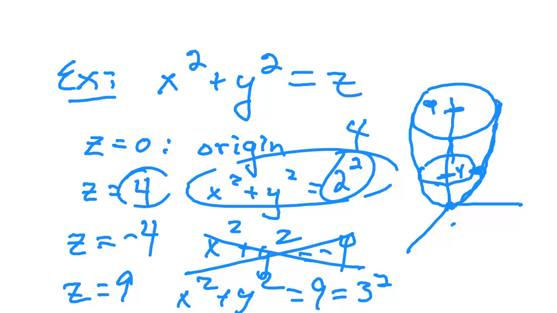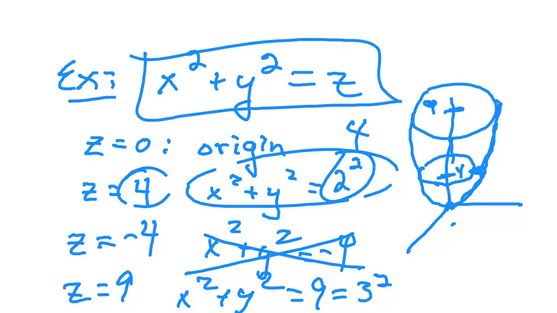The other thing that we could look at, before I look at this in cylindrical, is when we were graphing this. Let's just use a different color here. If I solve this, let's let x equal 2. What do we have?